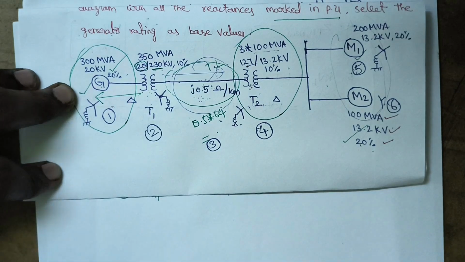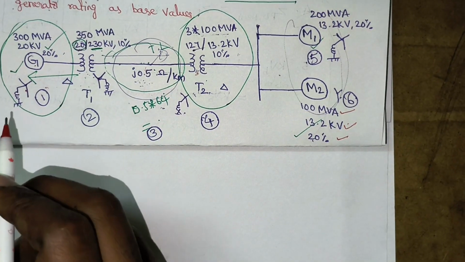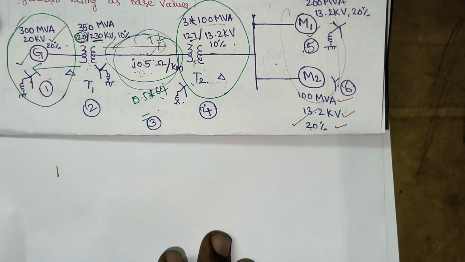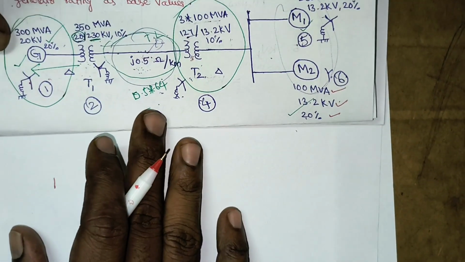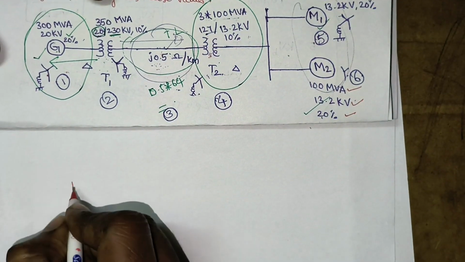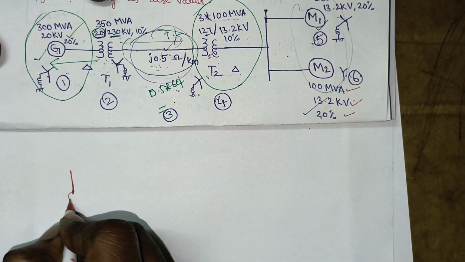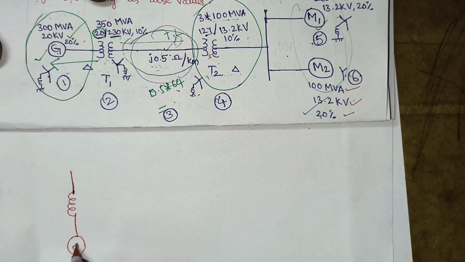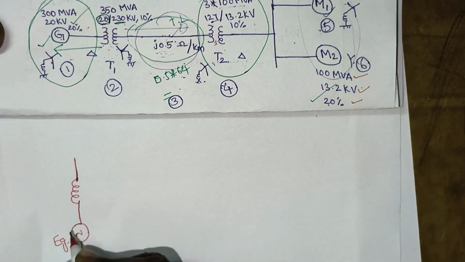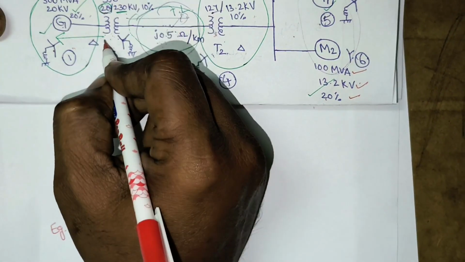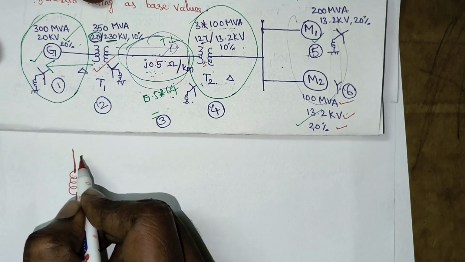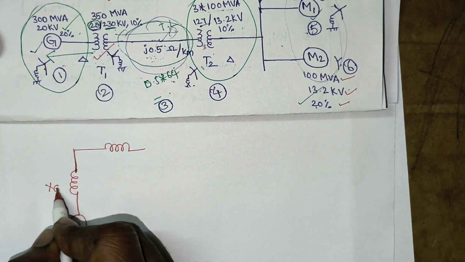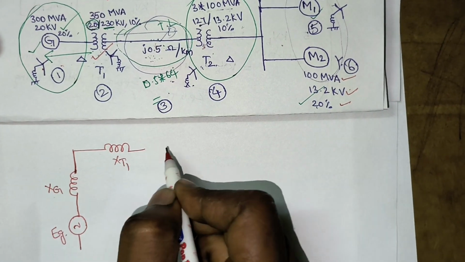For the generator, the reactance along with the generated EMF, this is EG, the EMF generated by the generator. Next, the transformer, this is XT1.